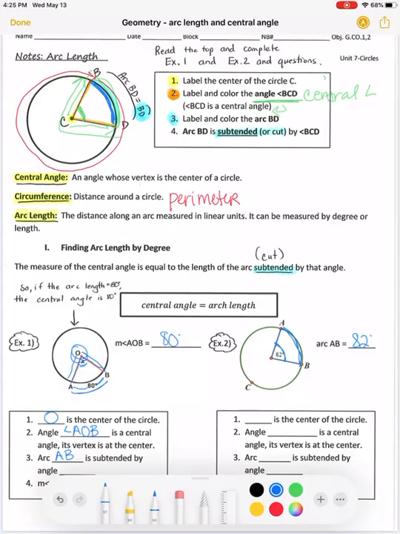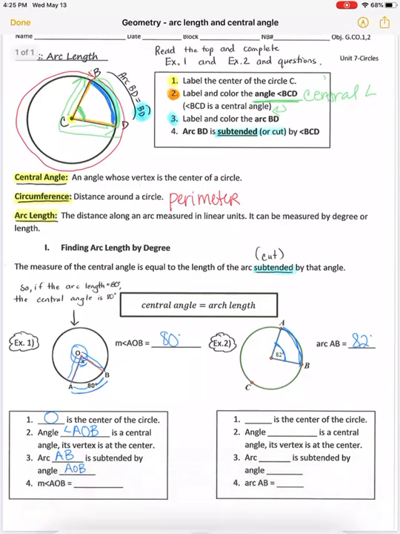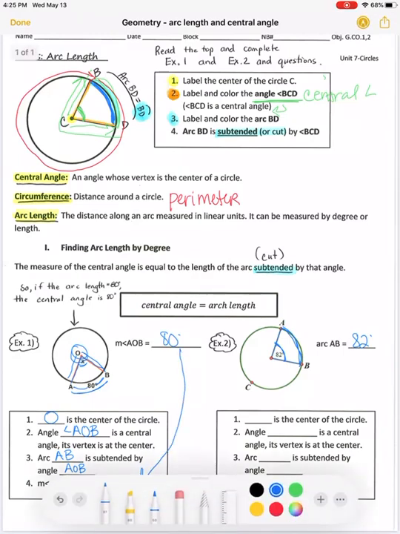It is subtended by angle AOB. And then down here, number 4 says, what is the measure of angle AOB? Well, you already did it. It's right there. Example 2, we did that piece together using the 1 through 4 on example 1.